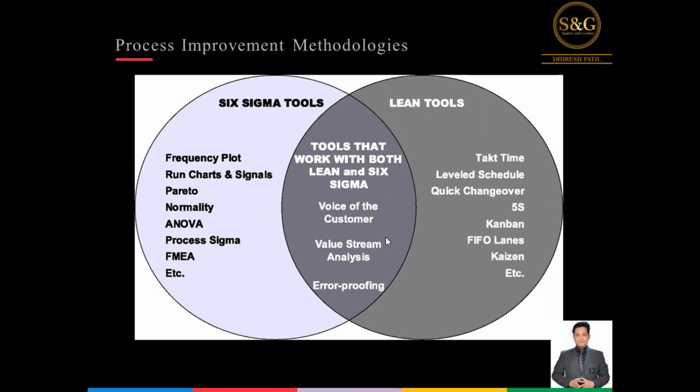So these are Lean tools. Together, we can apply certain tools from Six Sigma and certain tools from Lean, and improve the process in a holistic way. So I hope it gives us clarity about how Lean and Six Sigma can be combined and approached in problem solving methodologies.